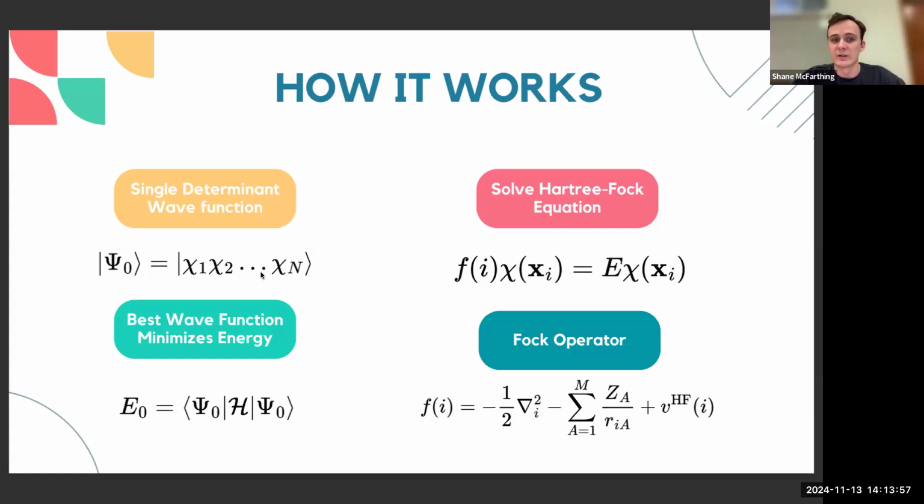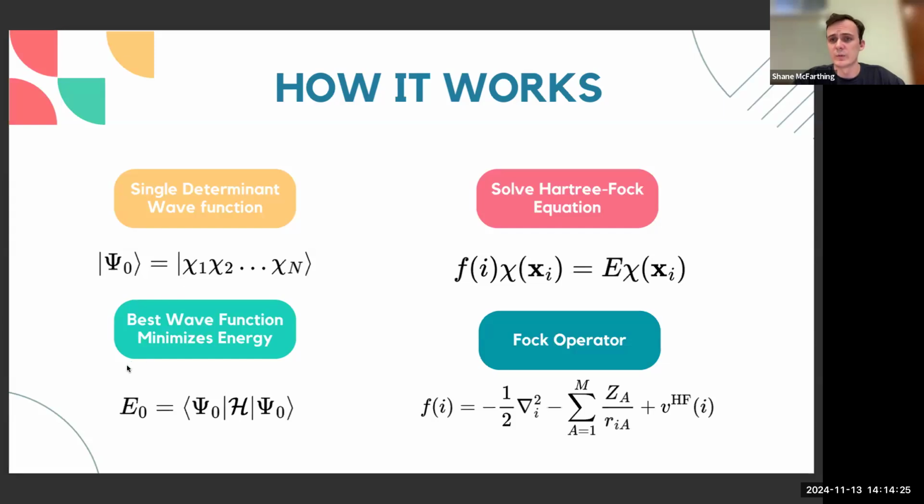So let's say we have a Slater determinant with 5 orbitals and 3 electrons. The way that these determinants can be visualized is as binary strings, and the Hartree-Fock state specifically would be the state where the first 3 positions are 1s and then the last 2 are 0s. So we just populate the lowest orbitals first. And that gives us the wave function.